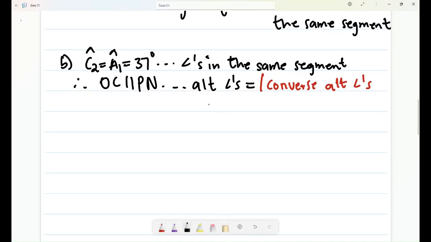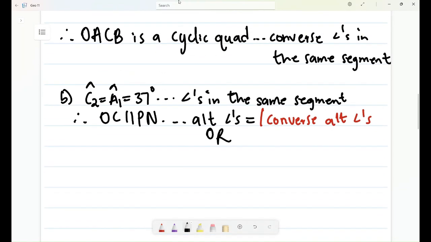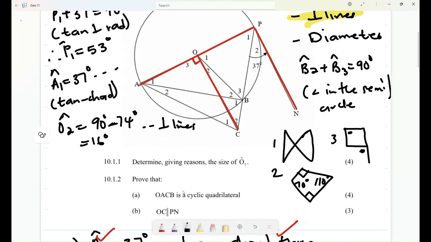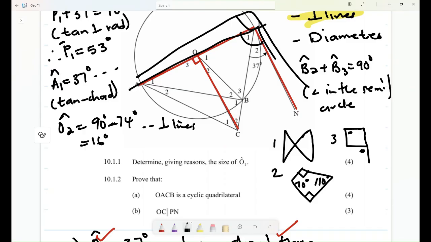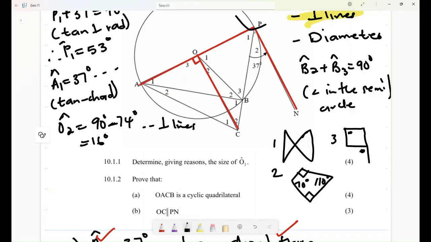Or you can say, let's call it APN, this angle here, let APN be equal to 90. Why? This is a radius, and it is perpendicular to the tangent.